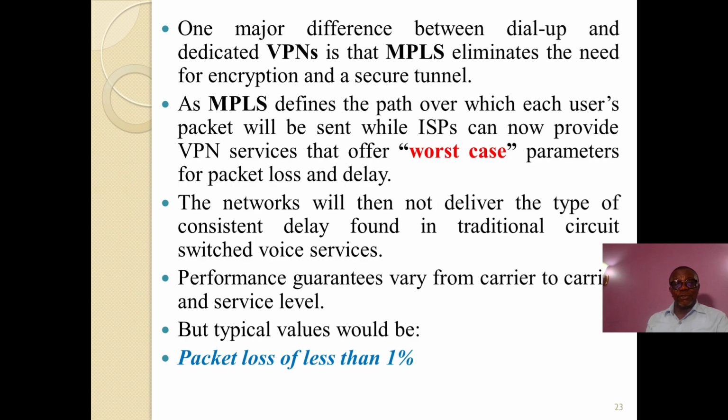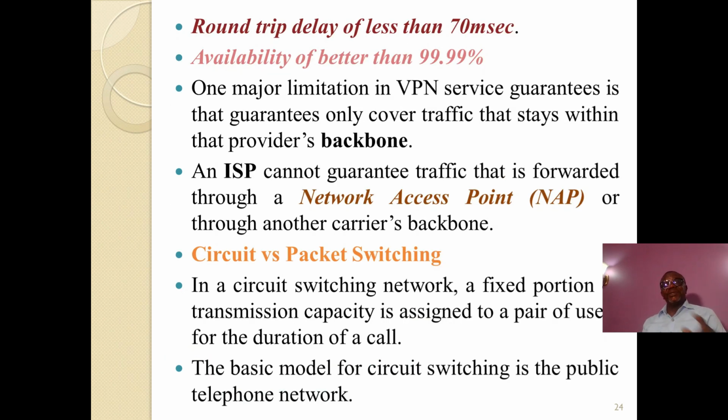But typical values will be: packet loss of any MPLS should be less than 1% of the total packets to be delivered, the round trip delay must be less than 70 milliseconds, and the availability of the system must be better than 99.99%, which in communications we call 4 nines.